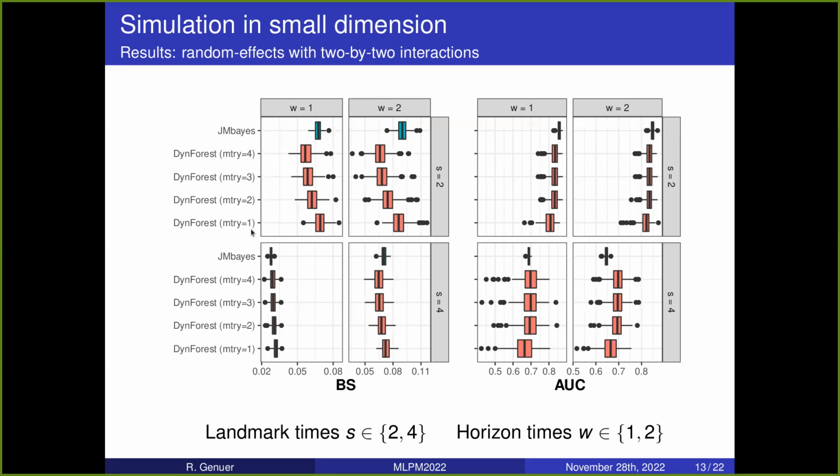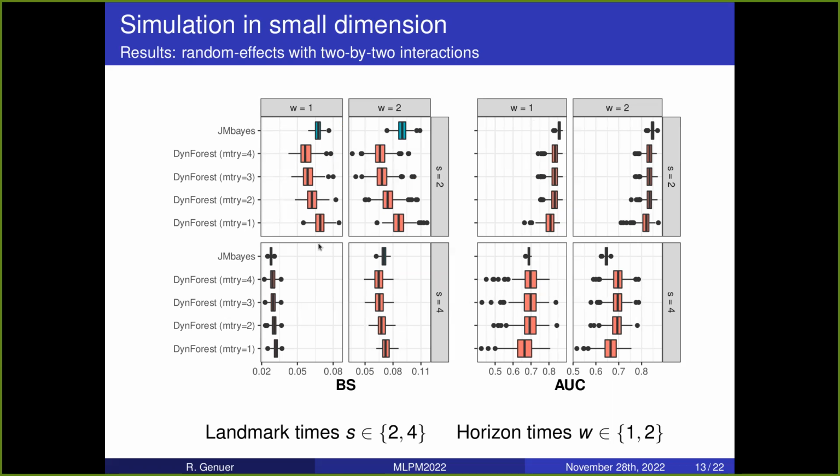And as you can see there, we make the parameter mtry vary, from 1, which is the smallest value, to 4, which is the largest value, because we only have 4 predictors in this scenario. So on the left, you have the Brier score, on the right, the AUC, and you have every time 2 horizon times, so 1 year and 2 years, and 2 landmark times, S equals 2 years or 4 years.